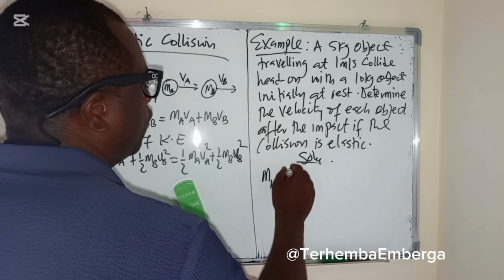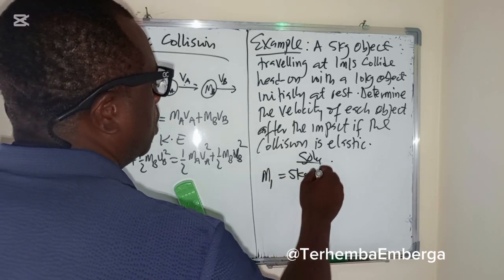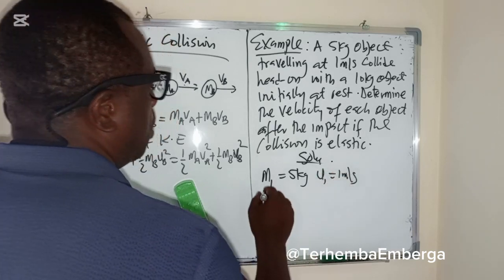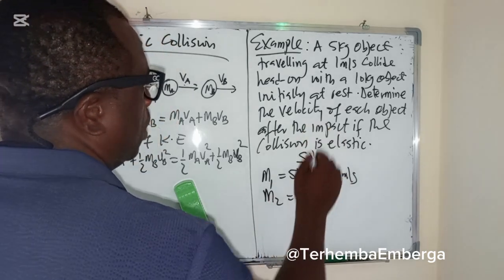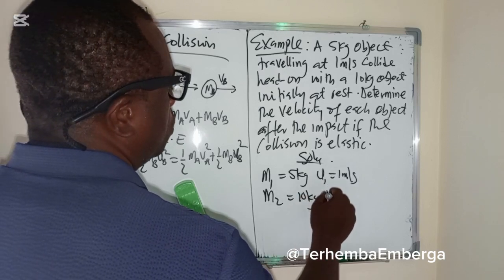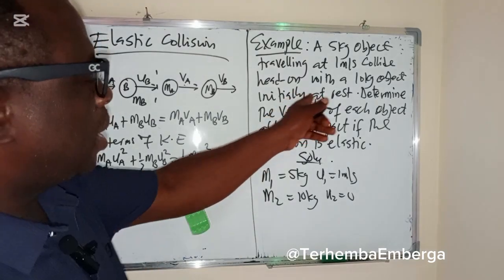M1 is 5 kg, U1 is 1 meter per second, M2 is 10 kg, and U2 is 0, because they say initially at rest.